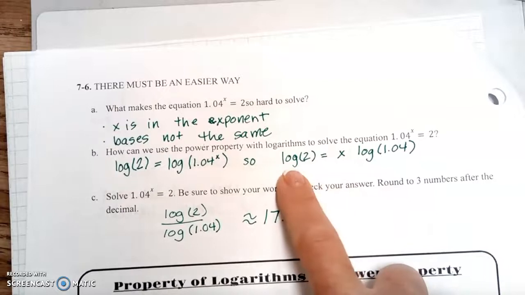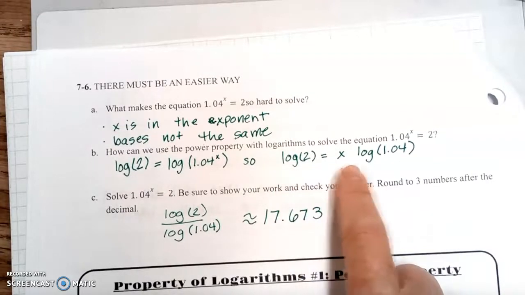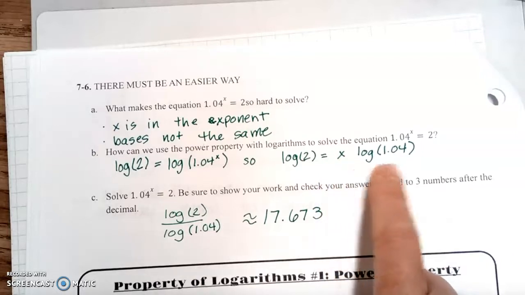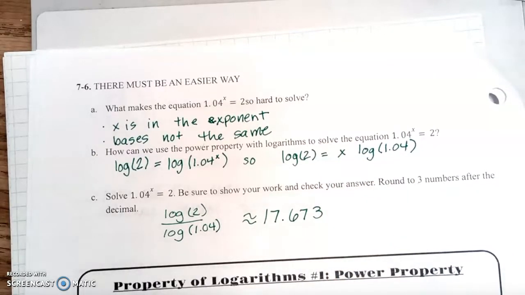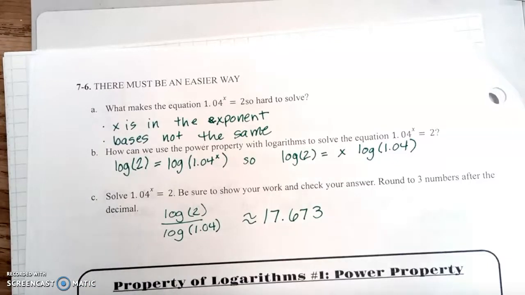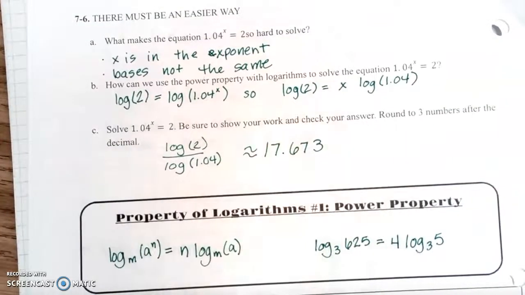So the log of 2 is equal to that exponent of x times the log of 1.04. And we end up with part C, which says solve 1.04 to the x equals 2. Be sure to show your work and check your answers, and round to 3 numbers after the decimal. This ends up being what we're about to call the power property.